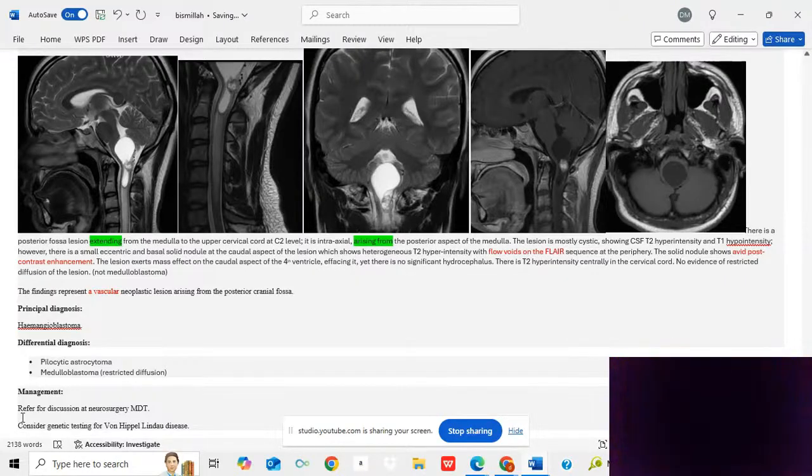And also, you need to consider genetic testing for von Hippel-Lindau disease if there's evidence of multiple lesions. That's it.